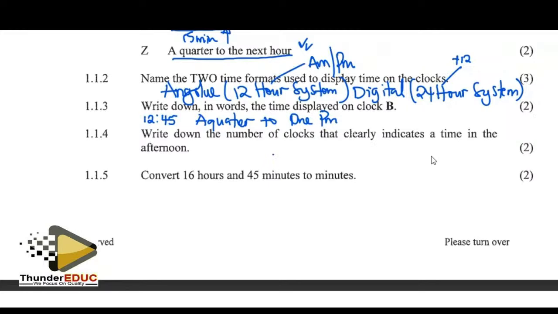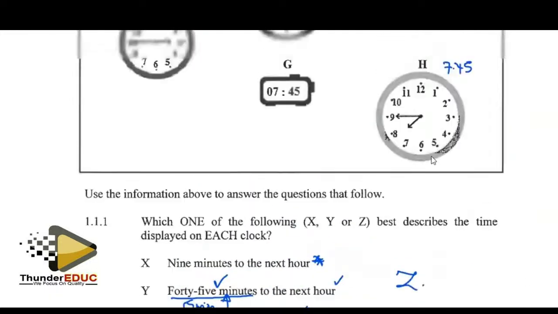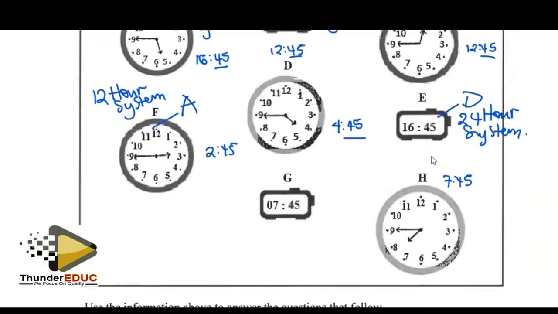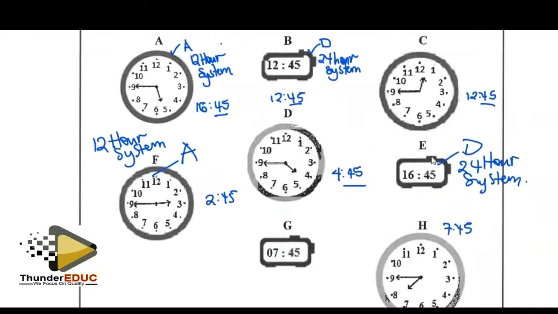All right, write down the number of clocks that clearly indicate a time in the afternoon. Let's come here and we see clearly. So this is one of them. B, it's afternoon. Because it's digital, in digital midnight it would be 00:45.